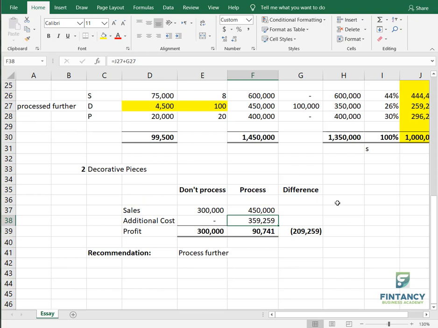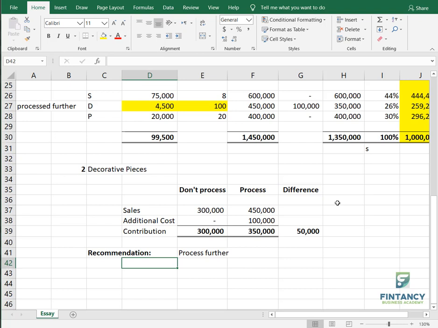This we will consider, because we have to pay 100,000 extra. So this is the correct analysis. Instead of writing profit, you do it on contribution. So you will say there is an additional contribution of 50,000 if we process further. So we will go for it. We will process further. This is the correct answer.